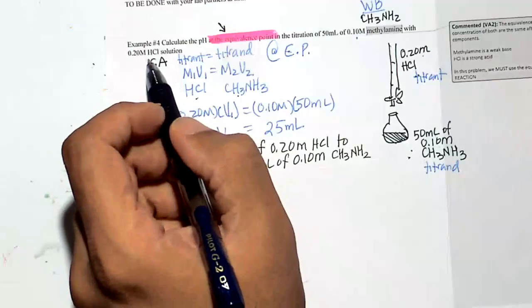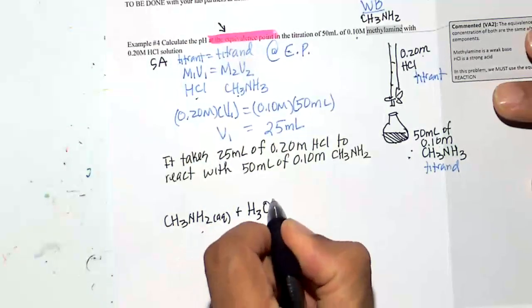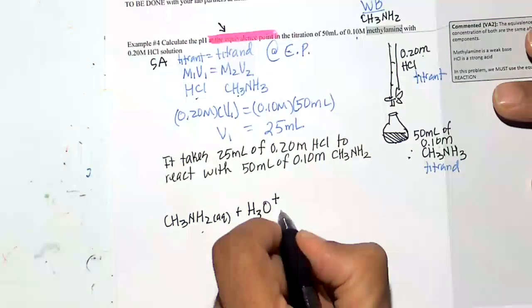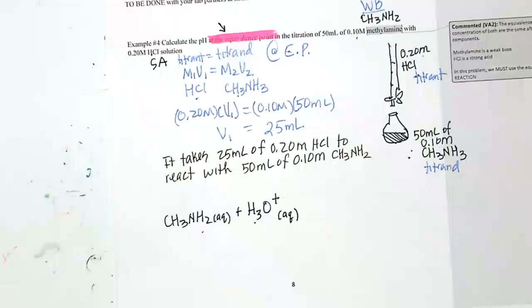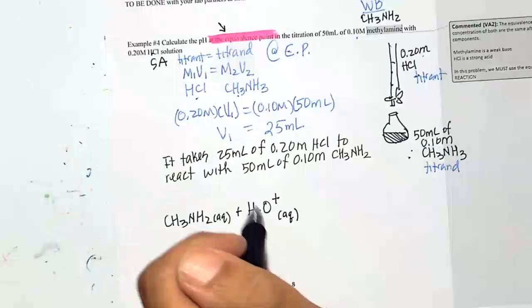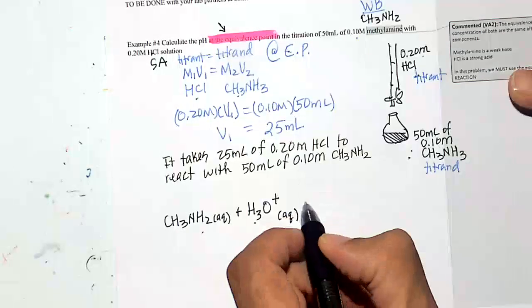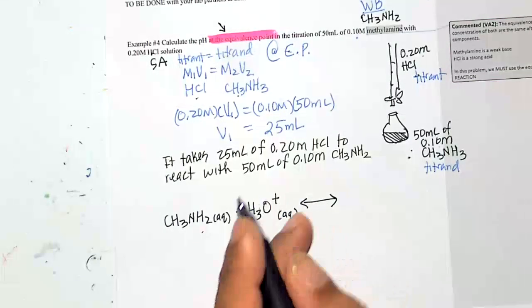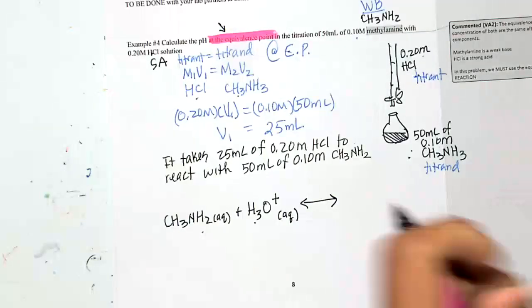This is a strong acid, so it's 100% H plus, but I'm going to write that H plus as H3O plus, because it's a 100% source of protons. This is the reaction that occurs. What does an acid do? An acid delivers protons.